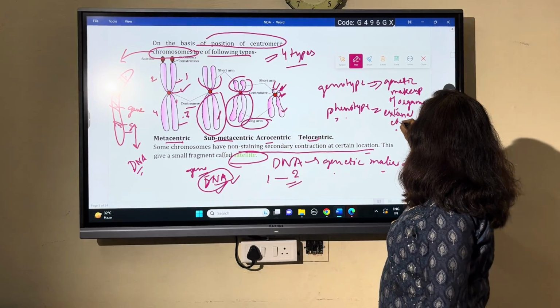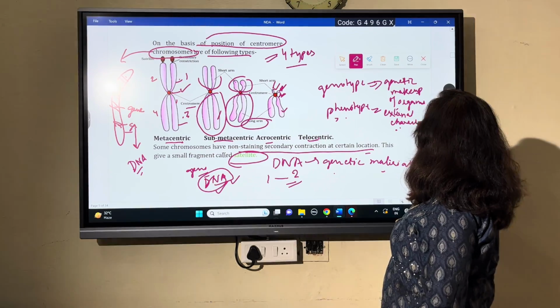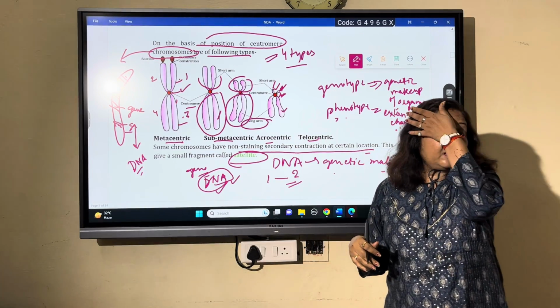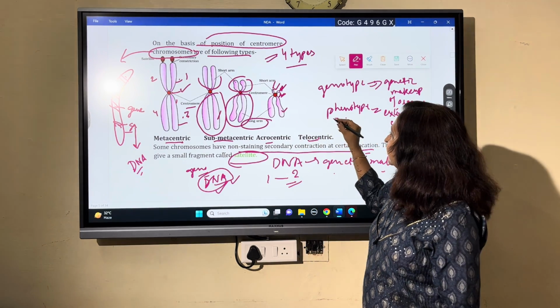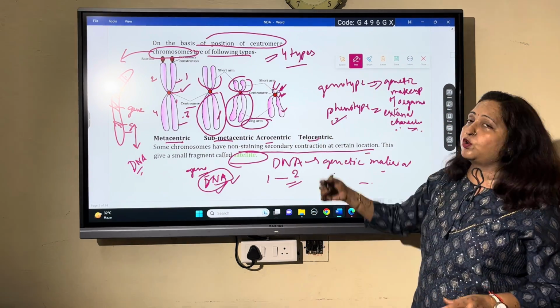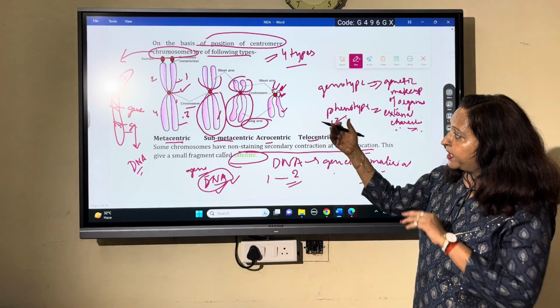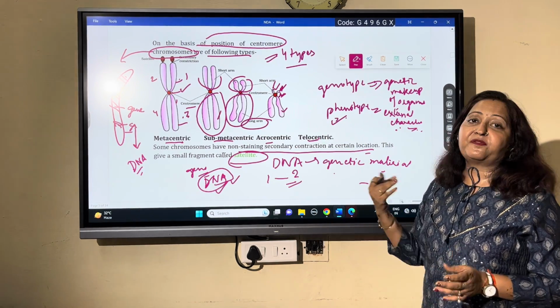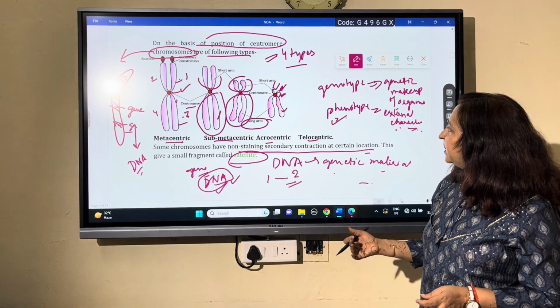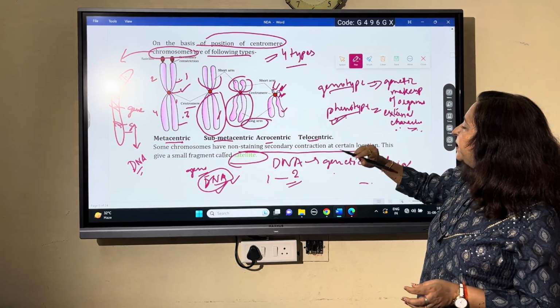The external appearance of an organism because of these genes is known as phenotype. So you should know the four types of chromosome, what is gene, what is DNA, what is the function of DNA, what is the function of gene, what is genotype, what is phenotype.